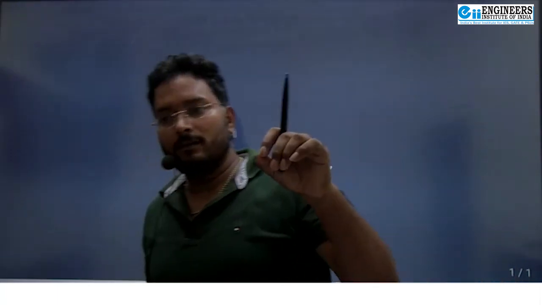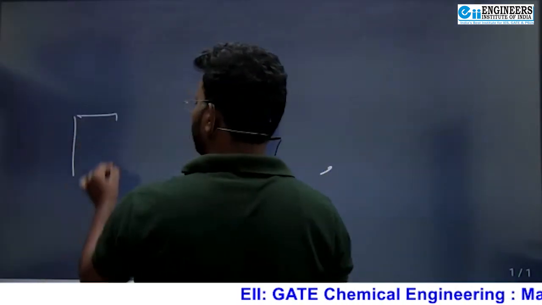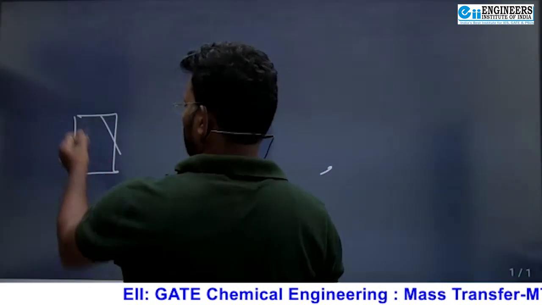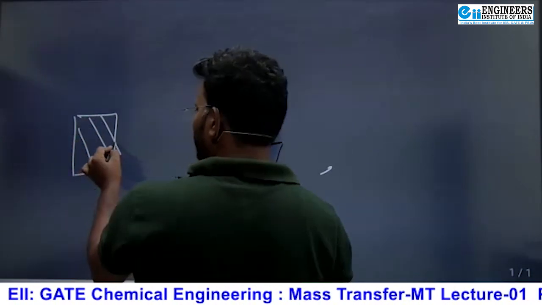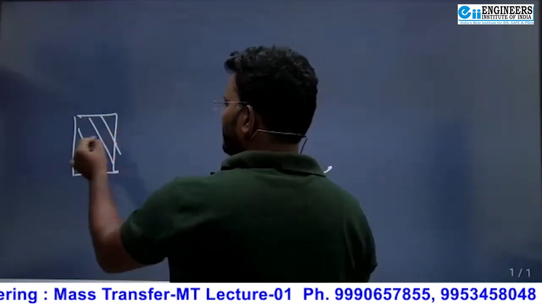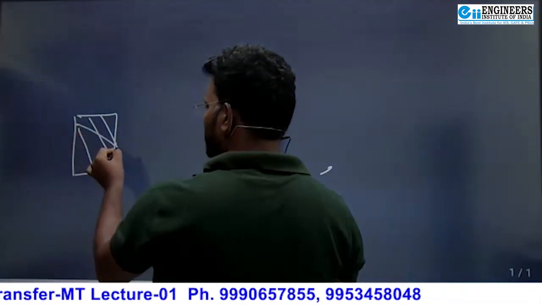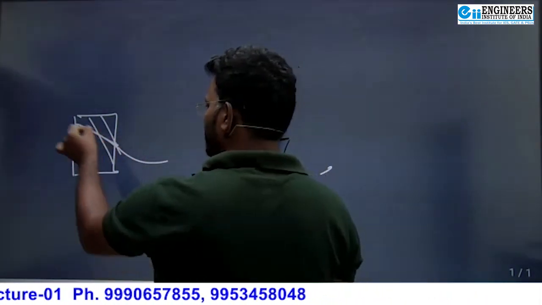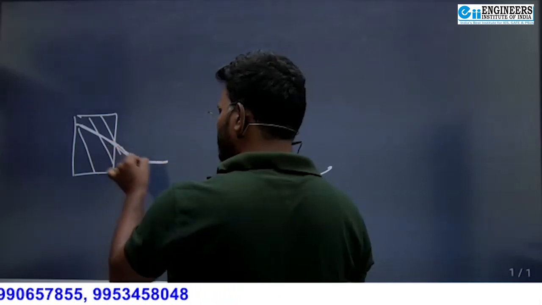Listen to everything, so that it sits in your mind. In heat transfer at the interface, suppose I am talking about the combined mode of heat transfer, conduction and convection. Here is a solid object and here is fluid. Conduction is in the solid and convection is in the fluid.